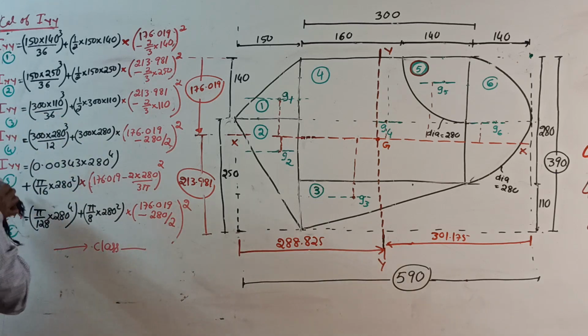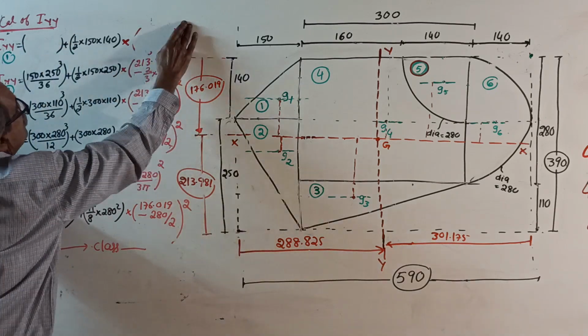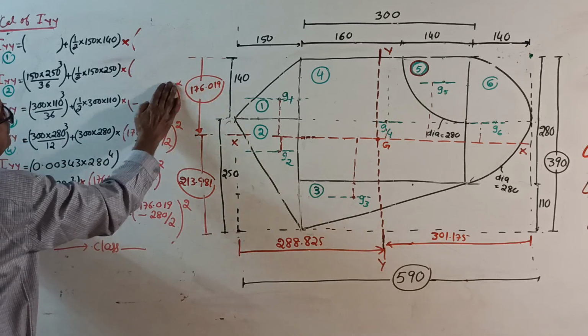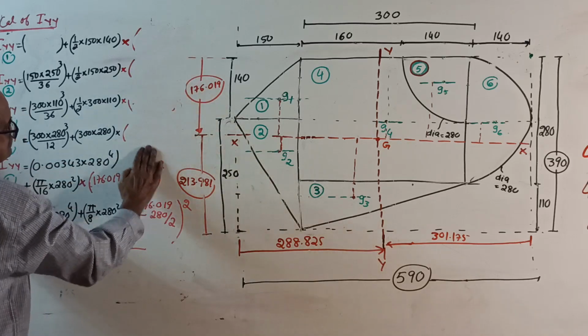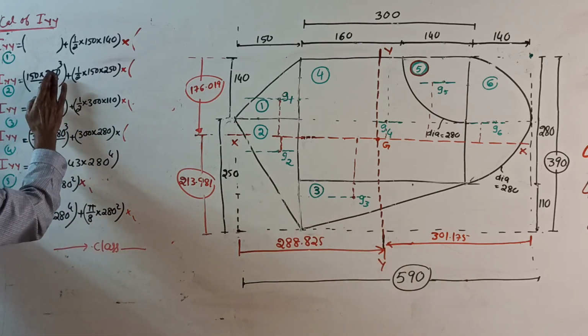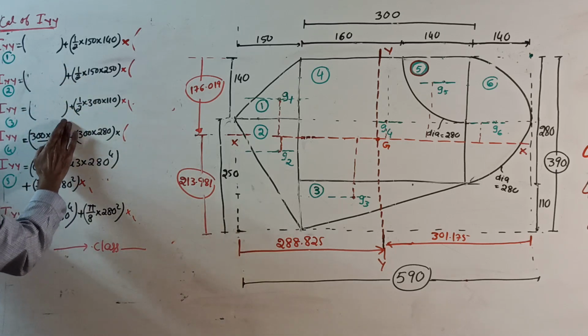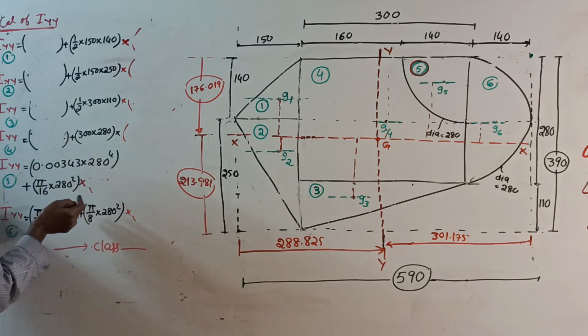Okay. Here, this will change. I'll remove this one. This will fully change. Distance square will change. Ig also will change. See, Ig also will change. But area will not change. Why should I waste time writing area once again?